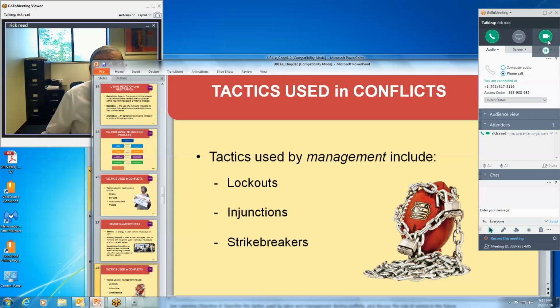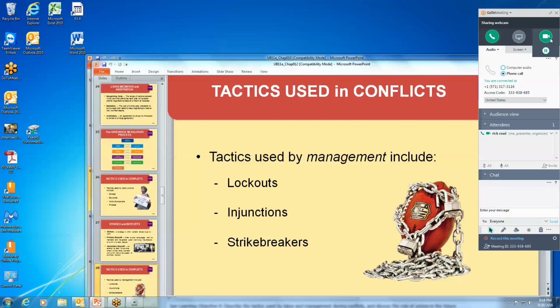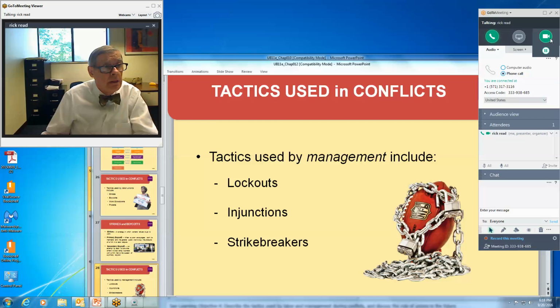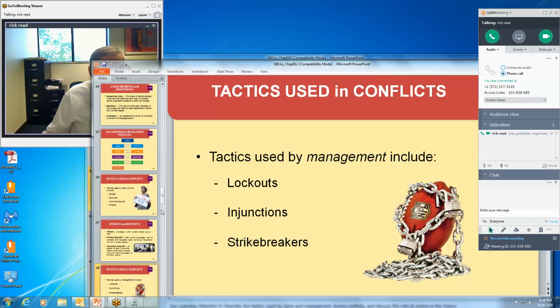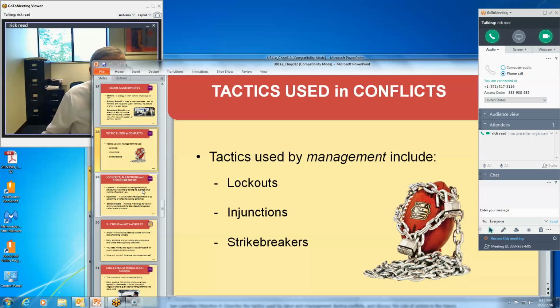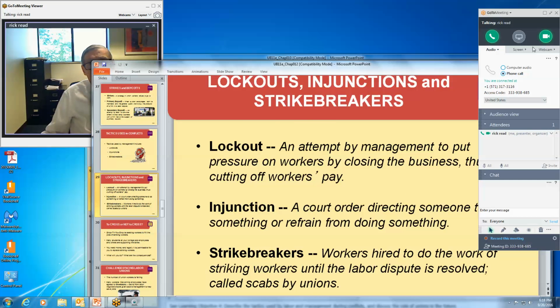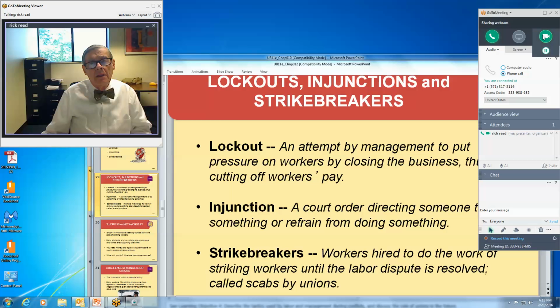On the other hand, management will use lockouts. They will seek a court injunction, getting people to come back to work, or they will hire strike breakers. You don't see too many injunctions anymore, and they normally are only associated with companies that have federal contracts and are considered in the national priority.